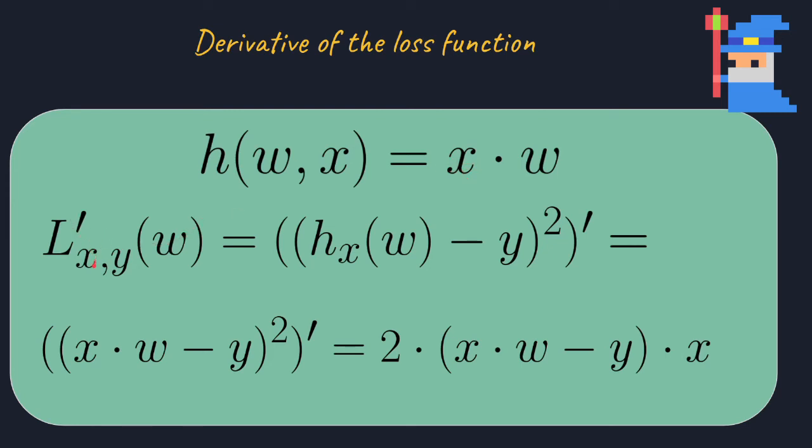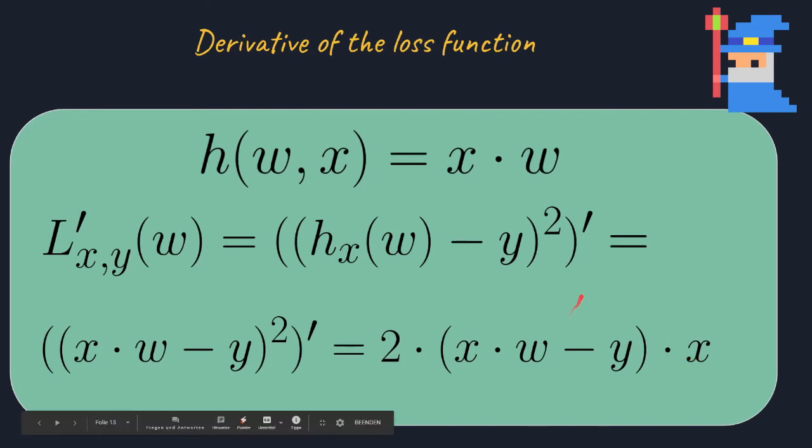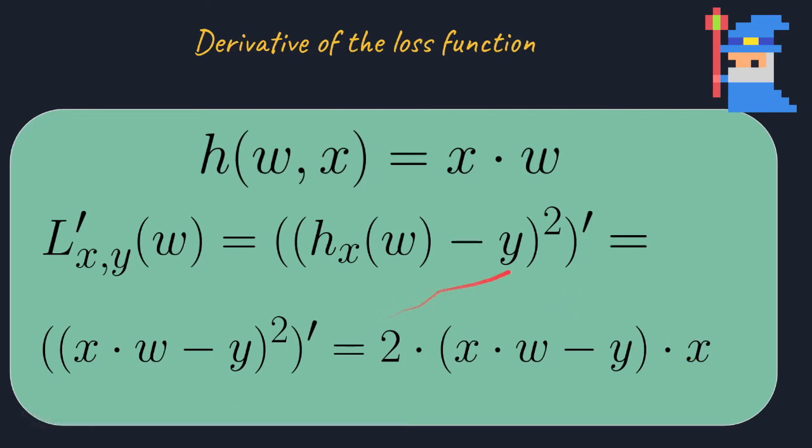Now the derivative of the loss for a given x and y with respect to w is equal to, this is the mean squared error, and then the derivative of that. So we replace the prediction here with what it says here, and now we take the derivative of (x times w minus y) squared, which turns out to be exactly this. You can check that yourself.